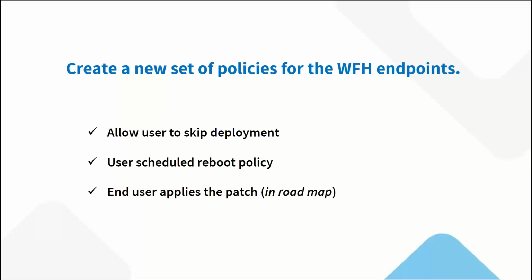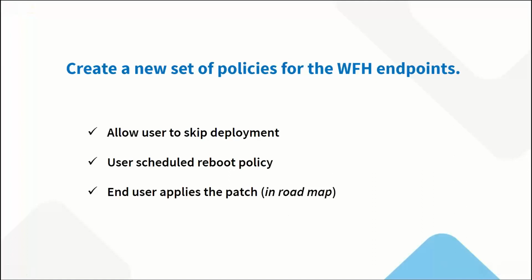Here we are going to configure policies that will allow the end user the liberty to skip deployment and reboot. We also have plans for an option that will allow the end user to apply the patch. This particular option is still in our roadmap and we are working on it.